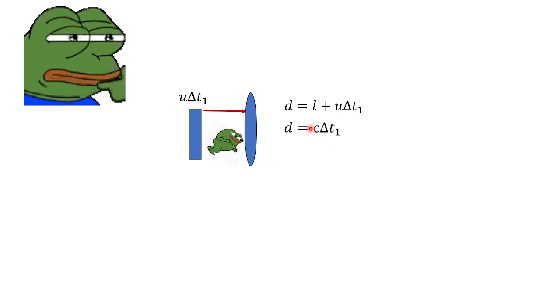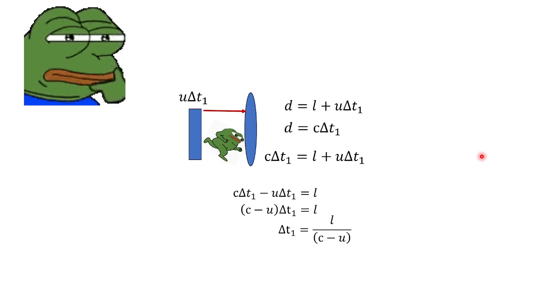It's just the speed of the laser, c, times, of course, the time. And we can equate this to saying that this is the same distance. So c delta t sub 1 is equal to the body length of Pepe plus the distance traveled by Pepe.